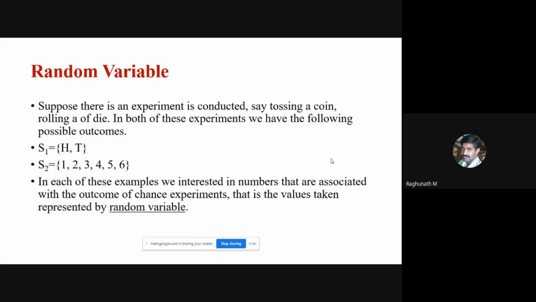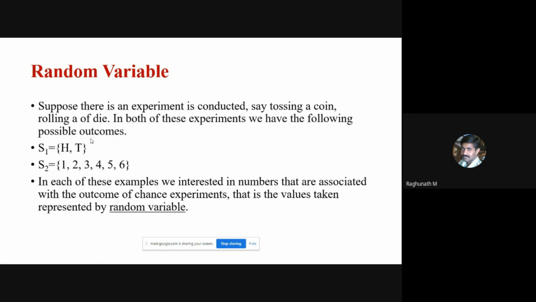If I toss a coin, I may get head or tail; all possible outcomes are either head or tail put together. This is called the sample space, which we denote by a set. Whenever there is a random experiment, we don't know what outcome we are going to get, which is purely random, but I know all the possible outcomes of that experiment.